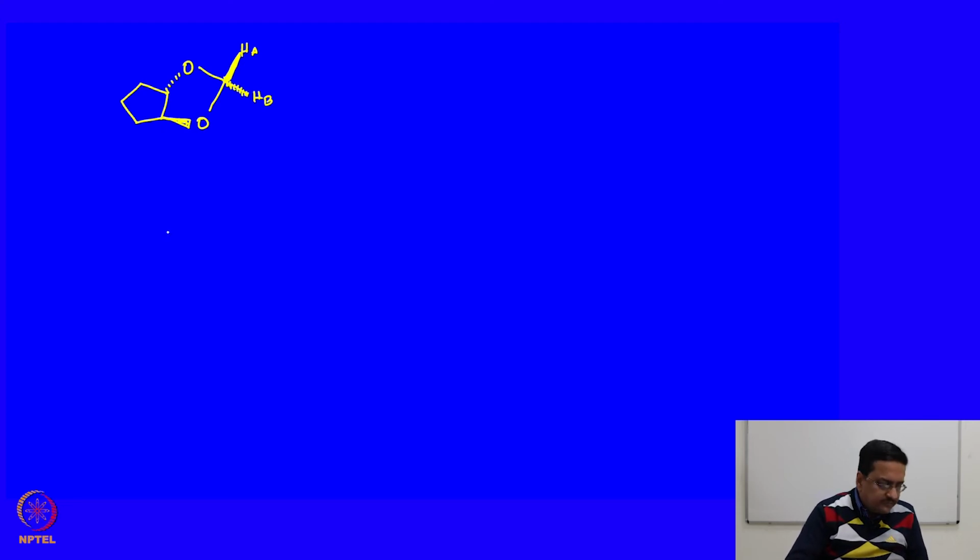One compound is this one, the other compound is this molecule. And then the third compound that I want you to try to find out the topicity of the hydrogens is this one.